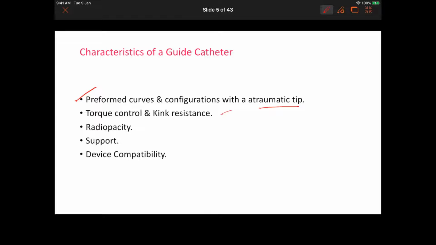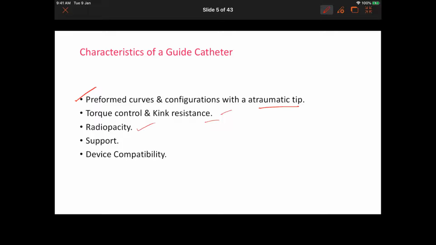Then there should be torque control, so that when you rotate the guide catheter outside the body, it results in a respective turn at the tip of the guide catheter. And it should be kink resistant, because you go through various structures with tortuosity, and when you are pushing the guide catheter in, it should not kink, so the shaft should be stiff enough to resist any kink.